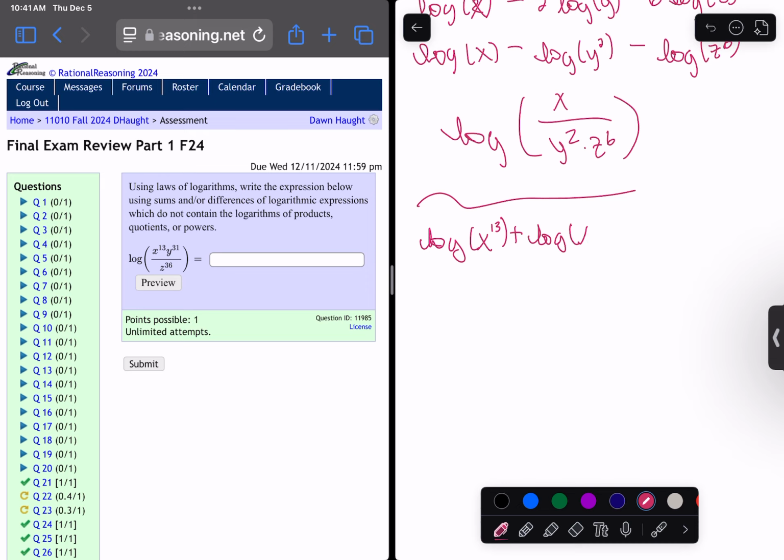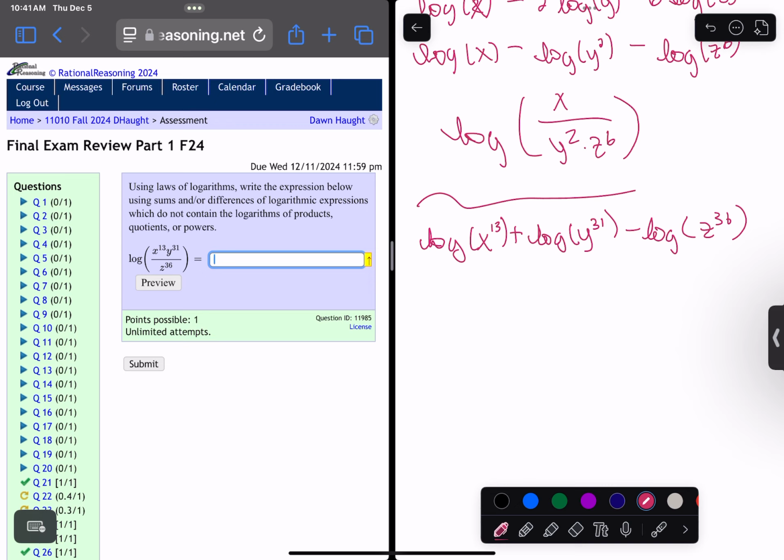And any pieces that are in the bottom are going to have their own logarithm with a minus. So the x to the 13th and the y to the 31st are on top. They're plus. The z to the 36th is on the bottom. It's a minus. And then drop the powers down in front.